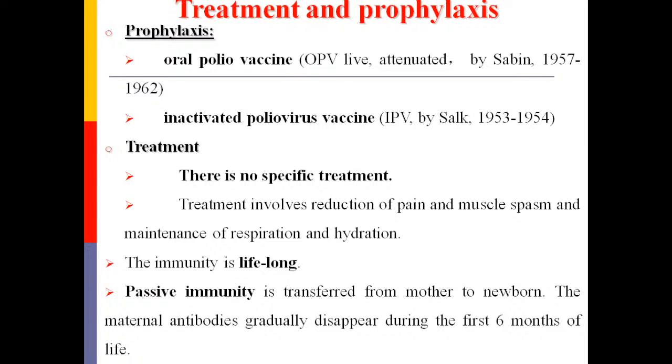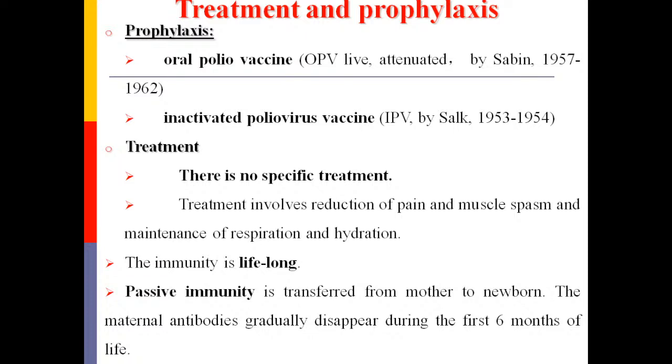There are two types of vaccines that are used. The first one is oral polio vaccine, or its short name is OPV. It's a live attenuated vaccine. That's why it is dropped orally, per orally. It was made by Dr. Sabin in 1957, and from this year up to 1962 he worked on the development of this vaccine.